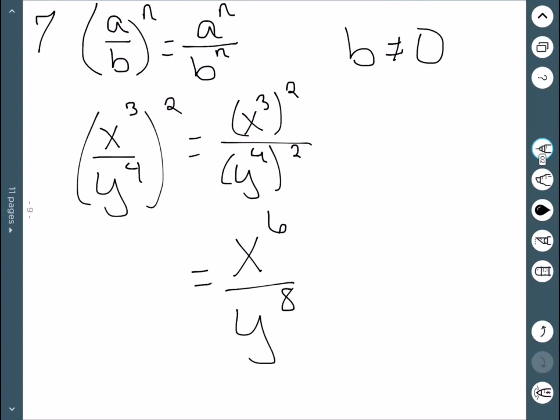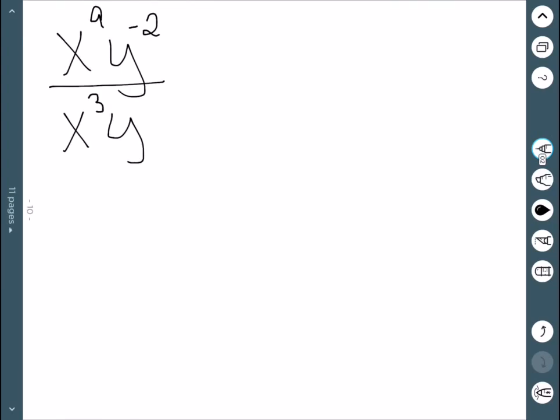Now let's do a few more complicated examples, like this one. When we have something like this, it's important to take it piece by piece. We'll start with the individual letters. For the x, I see a 9 on the top and the 3 on the bottom. 9 minus 3 is 6.